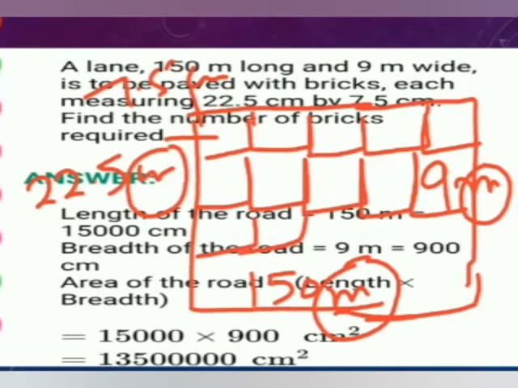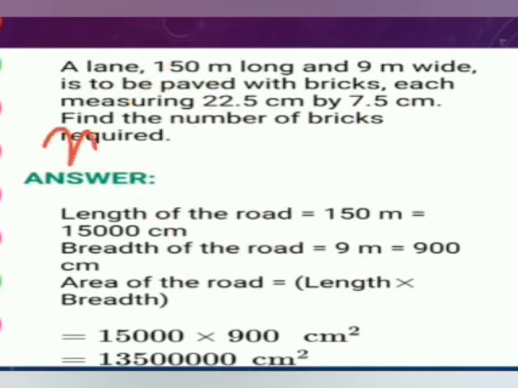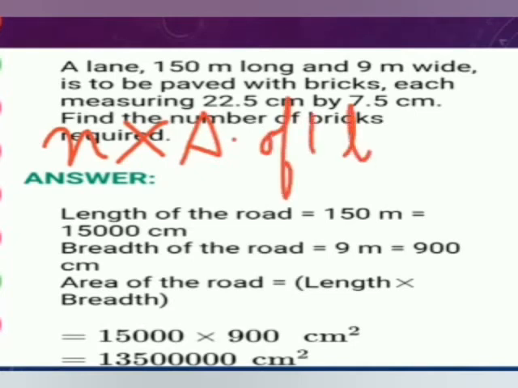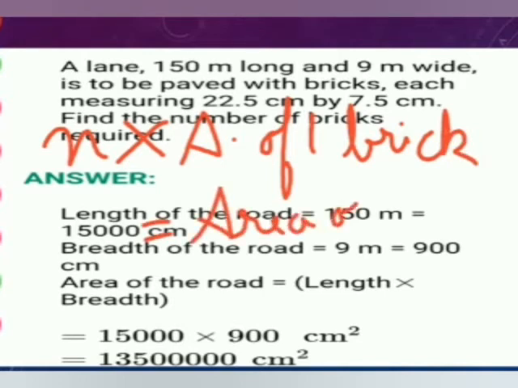For that, since this entire road will be covered by bricks, the number of bricks multiplied by the area of one brick will be equal to the area of the lane, because the lane will be completely filled with the bricks only.